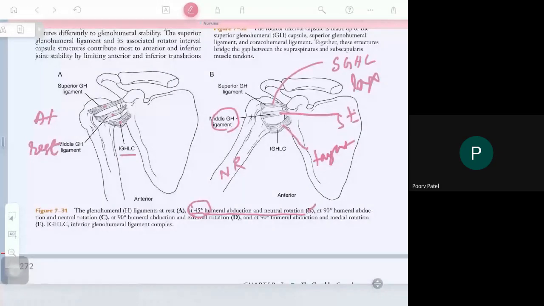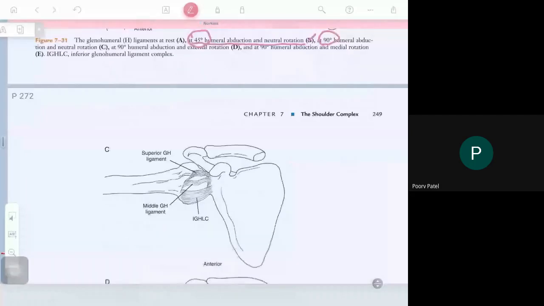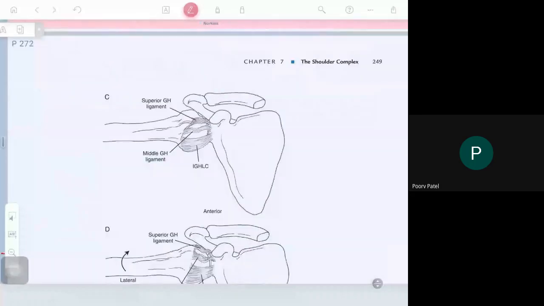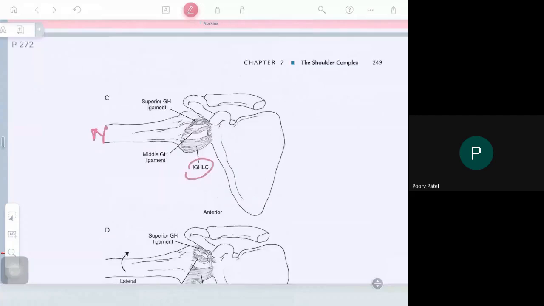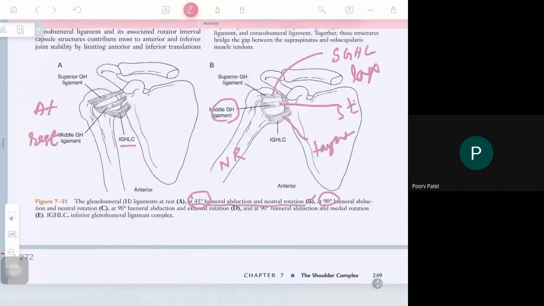Third, at 90 degrees. At 90 degrees, you see the inferior glenohumeral ligament complex, it is what? All are in neutral rotation. The inferior becomes taut and these two ligaments become lax at 90 degrees.